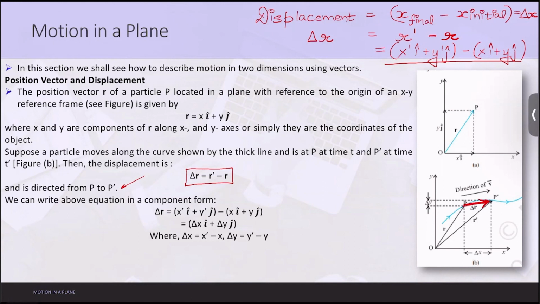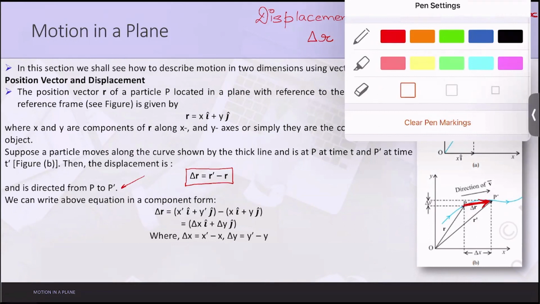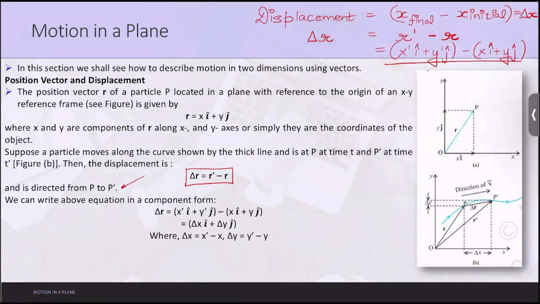Okay. So we can write the above equation in component form also. You know what components are because we understood the complete concept of resolution of vectors. So the two forms into which a vector can be resolved are basically called the component forms. So this is the thing which we did on the black screen, and therefore what we finally got is nothing but equal to delta x i cap plus delta y j cap.